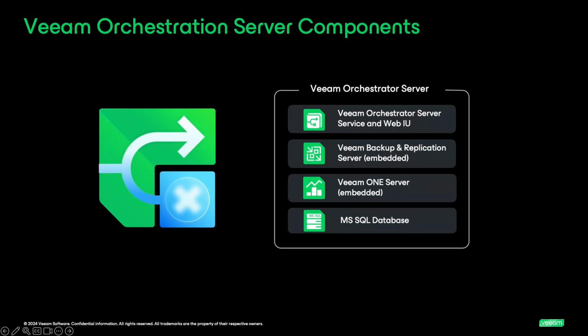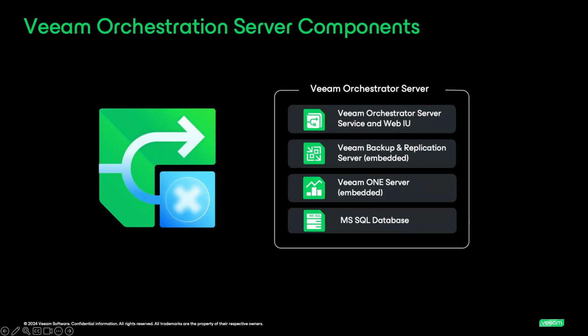The main components, and we'll break this down, and later on Jason will demo a little further, but the installed components that come with Recovery Orchestrator is the actual orchestration service, which is accessed through a web UI, so it'll install a web platform that you'll use to manage it.